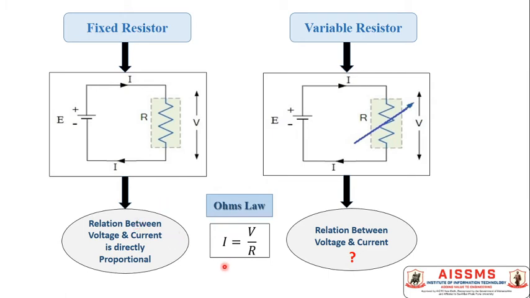Mathematically, Ohm's law is I equal to V upon R. If the value of resistance is fixed in a particular circuit, the relation between voltage and current is directly proportional.